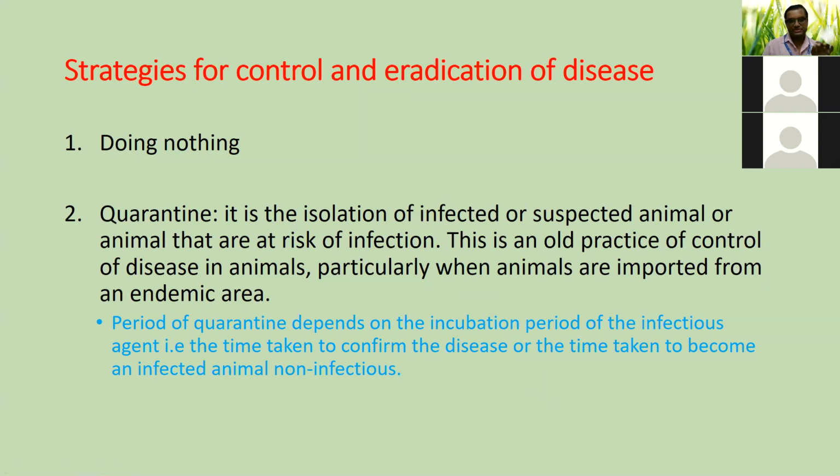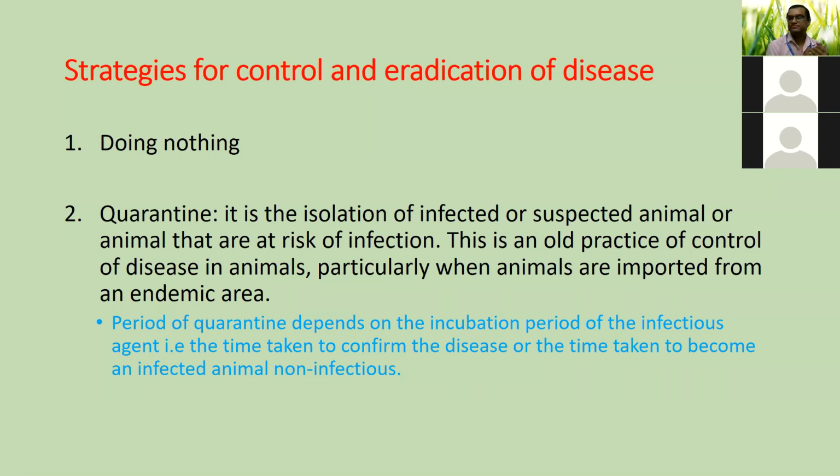It means that the animals which are suspected and those which are infected are both kept isolated. If it is suspected, they are kept for a period that is required for the confirmation of the disease.